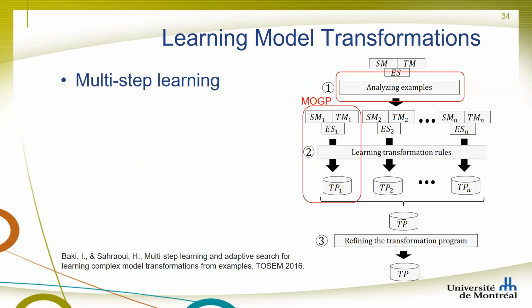On only the examples that are in this pool. The same for the others. Then we take all the rules that we learned, merge them all together, and then try to refine these rules to have the final setup.